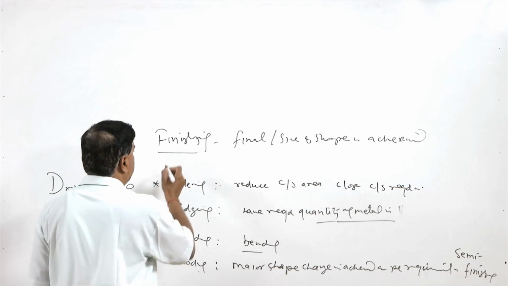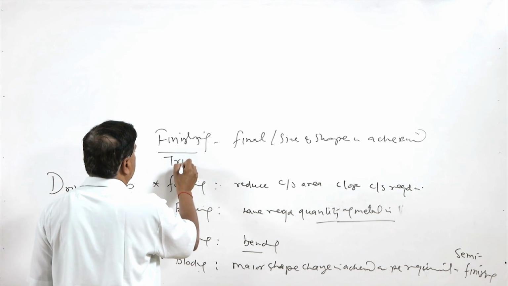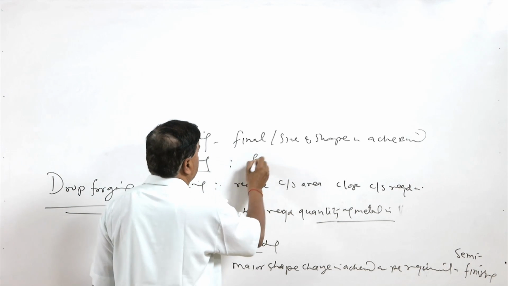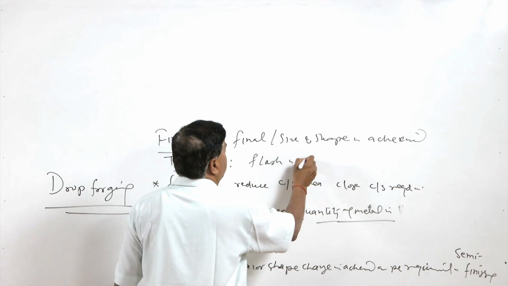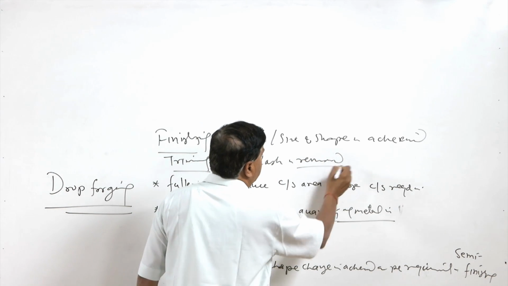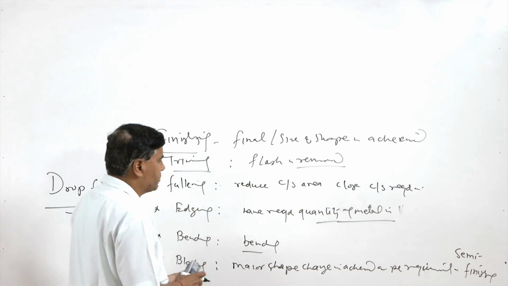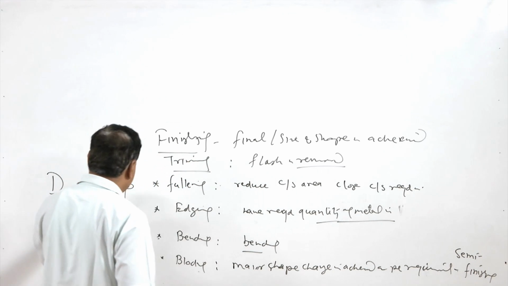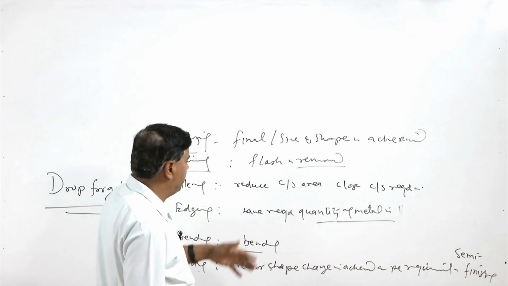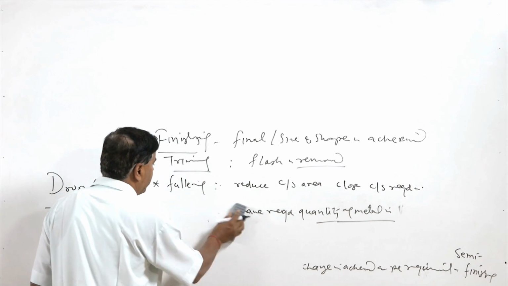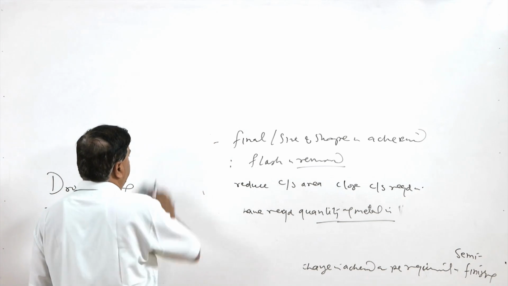And then the last one is the trimming. If there is any extra material left at the flash, the flash is removed in the trimming step. So, these are about 5-6 steps which are used in the drop forging for achieving the complex shapes, and for each step a separate die is used.